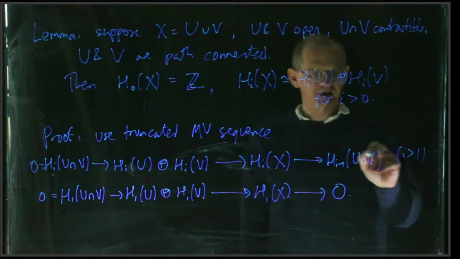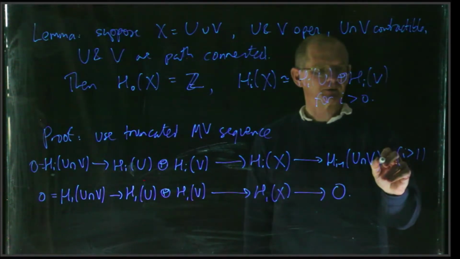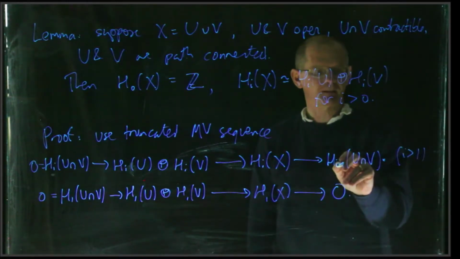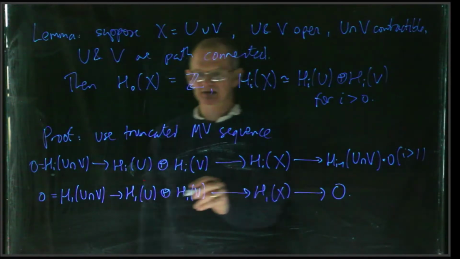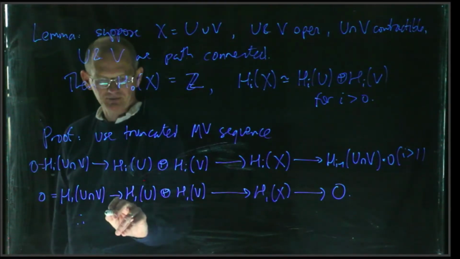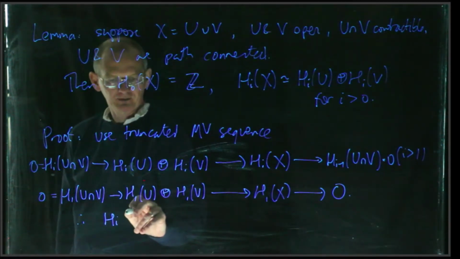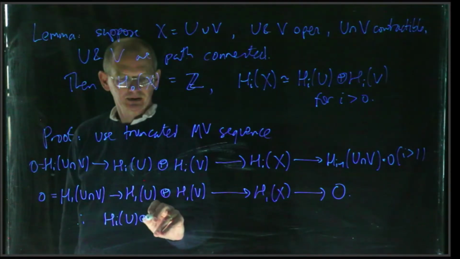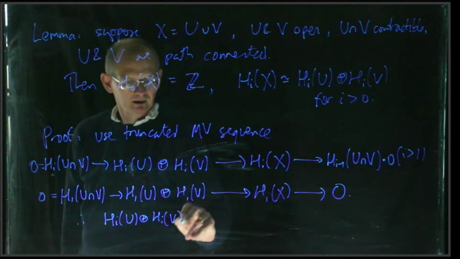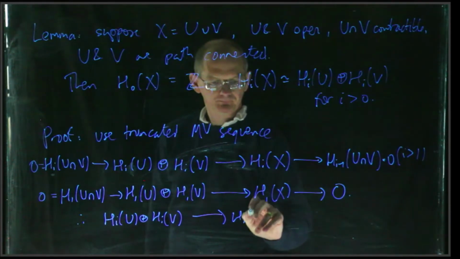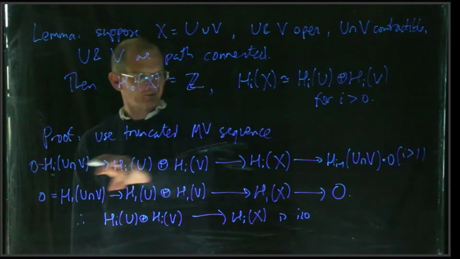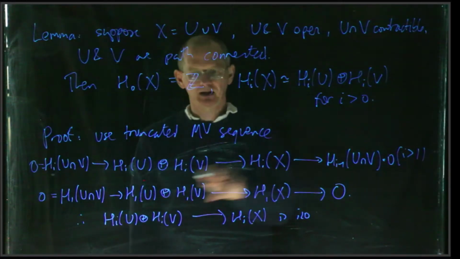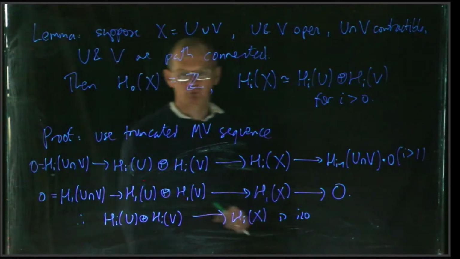And because here i is bigger than 1, i minus 1 is still bigger than 0. So that's 0. So in all of these cases, we're seeing that Hi of U plus Hi of V goes to Hi of X, with zeros on either end, and so by exactness, that forces it to be an isomorphism.